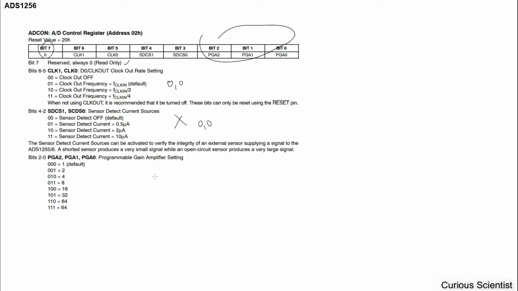This is the PGA, so the internal amplifier or gain amplifier of this thing. And it's very important, because if you want to use it for a lower voltage, so for example, instead of the reference voltage of 5 volt, you want to use it on only 0.5 volt, then you also want to be able to use your 24 bits within that small voltage value, and you don't want to lose that much resolution.